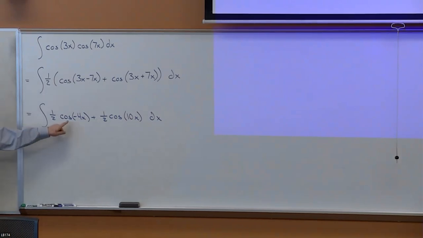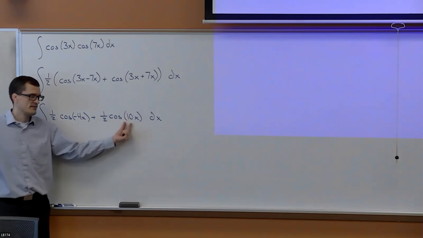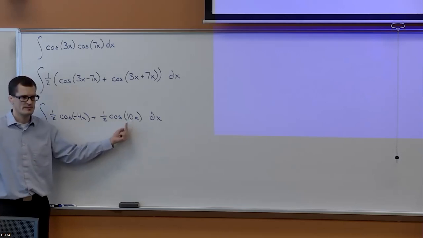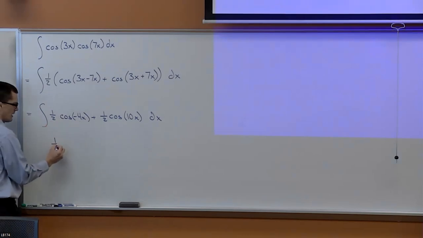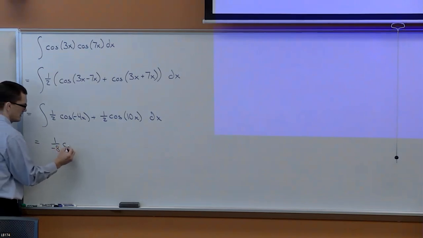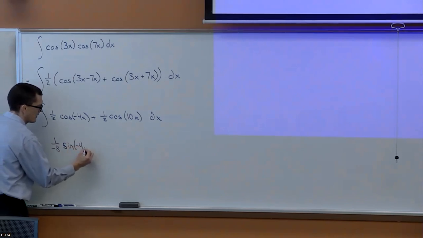The antiderivative of cosine is sine, and because our arguments are not just x, but they're linear, we have to divide by the -4 in this case and the 10 in this case. Right? Works like an exponential function, you divide by the coefficient here. So when I divide by -4, I get 1/-8 sine -4x.